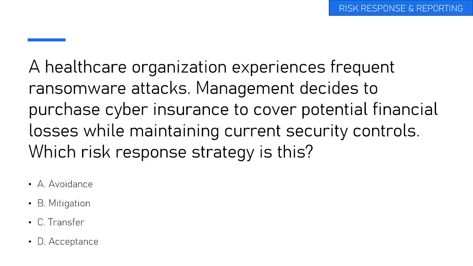Acceptance is where we're not doing anything but saying, yeah, we'll accept it. That's not what we're doing, because we're trying to transfer. So the right answer is C here, which is transfer. It's a pretty easy question. Even though the question looks a little longer, it's really easy.